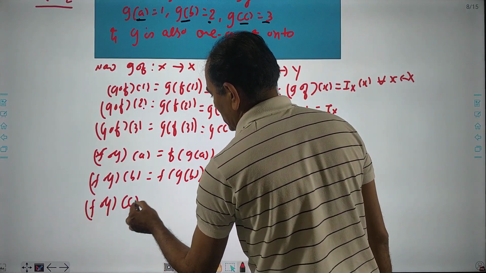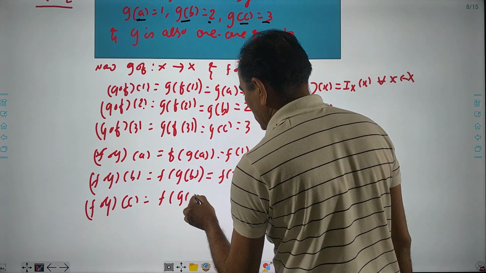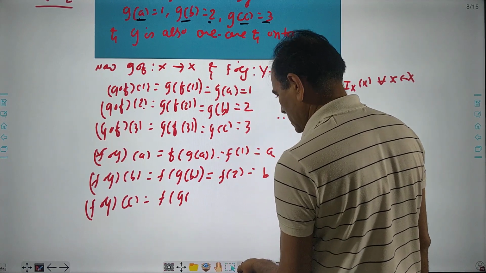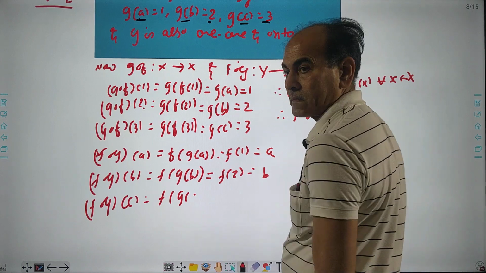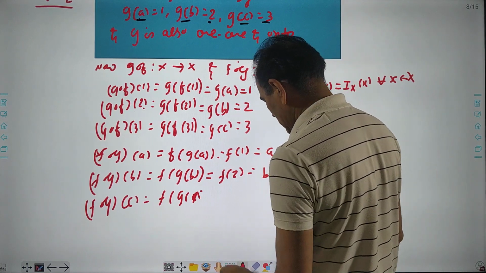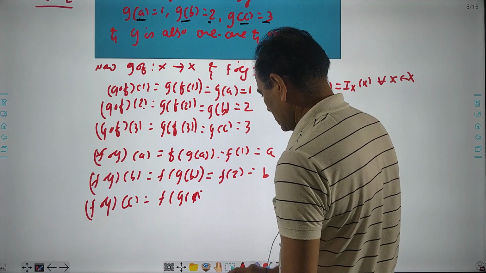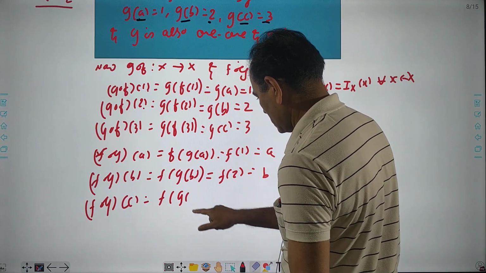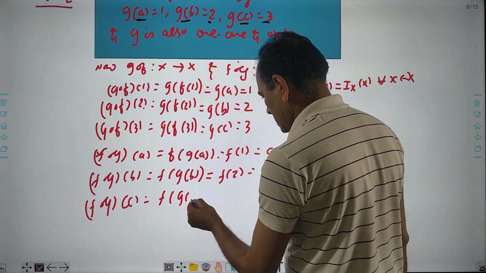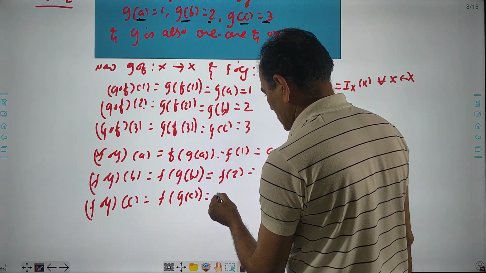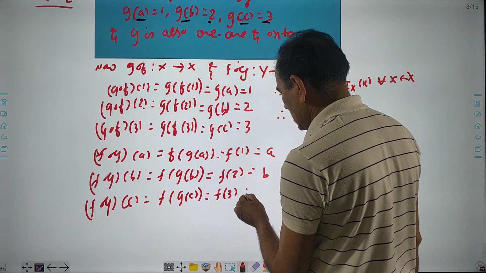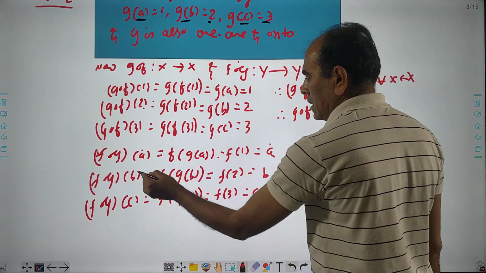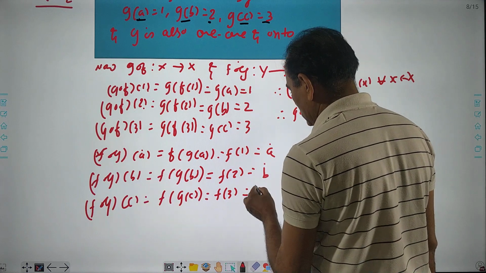f of g at c is equal to f of g of c. What is g of c? 3, and that is also c. So, a to a, b to b, c to c.